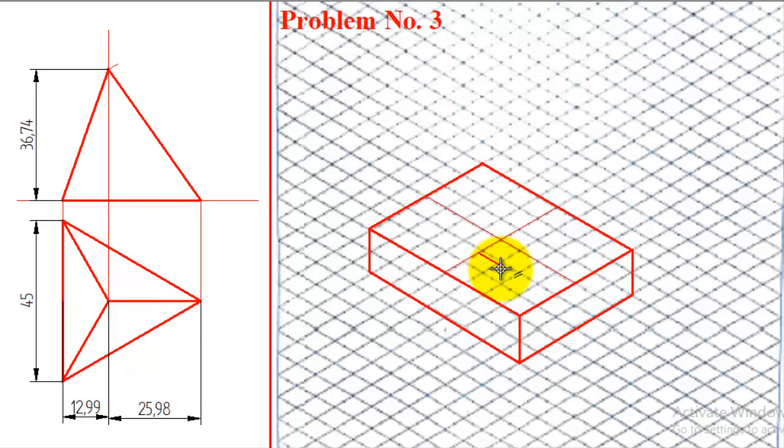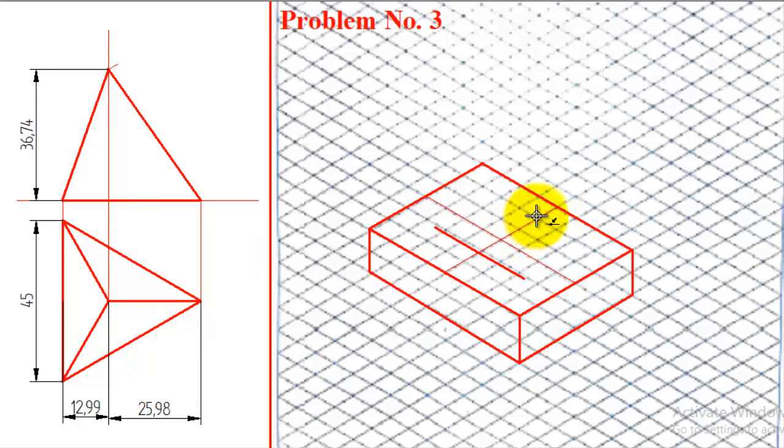That means 2 boxes and slightly more than 1 on one side, and on the other side also 2 boxes and slightly more. So this is the side of this, and to get the apex I found the distance 25.9, that means we can take 26, almost 2 or 2.5 boxes from the center.